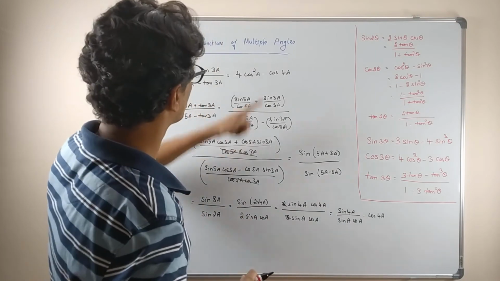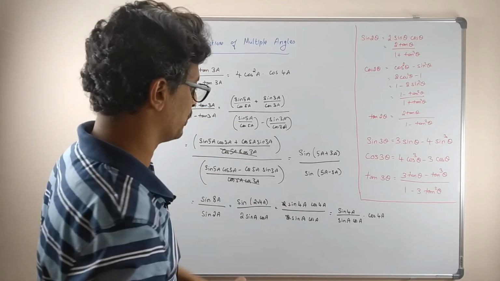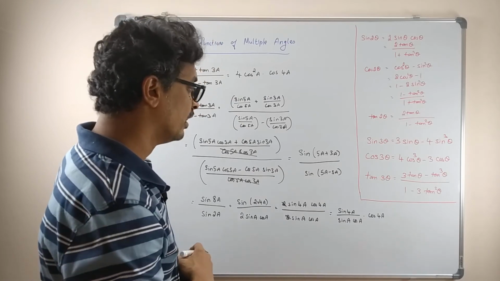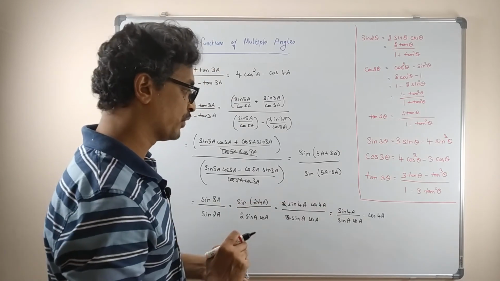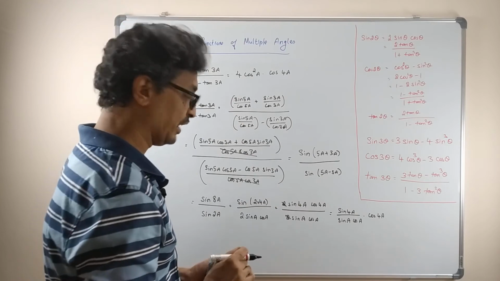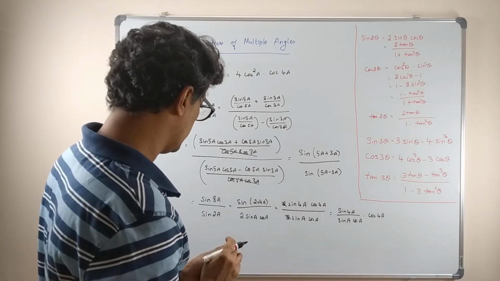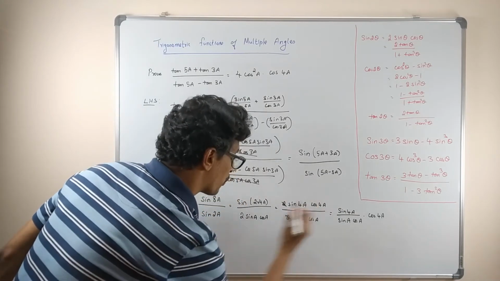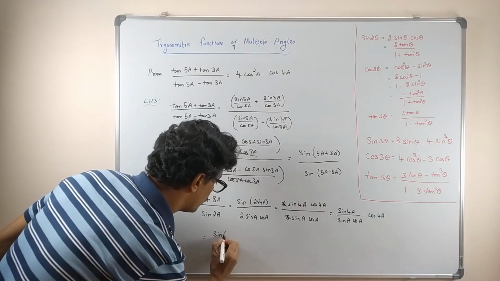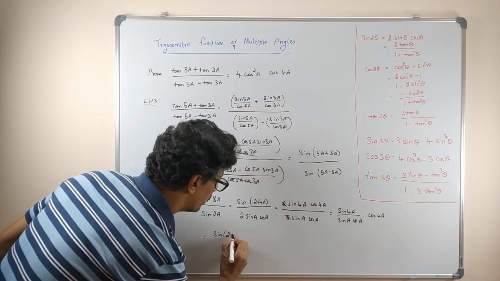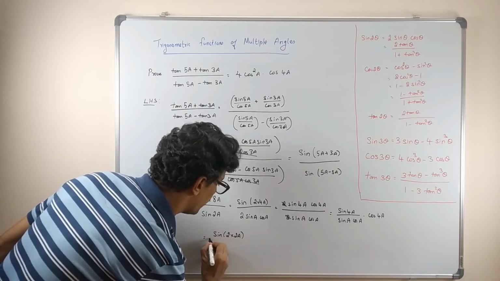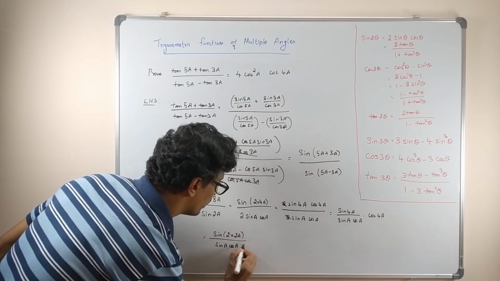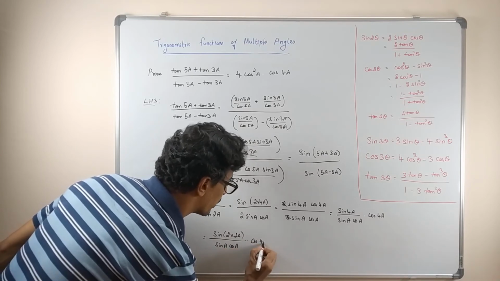Okay? So cos 4a we got. So this we have to do out. Sine 4a can be written again as 2 times sine 2a. Correct? Is what we are doing correct? Yes. So this is going to be sine 2 times 2a, divided by sine a cos a into cos 4a.